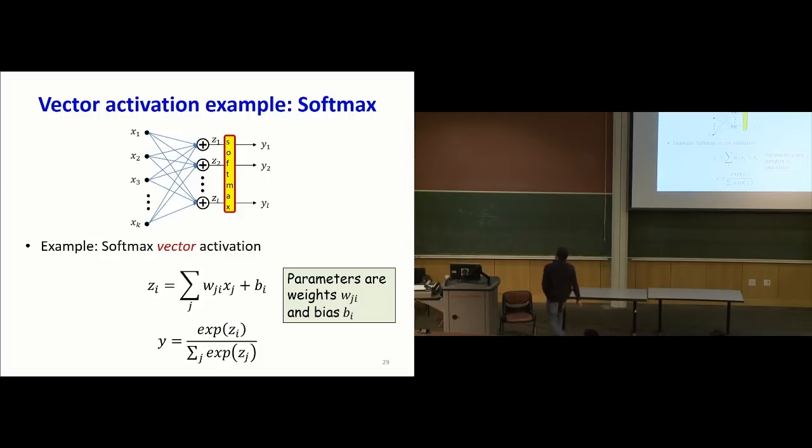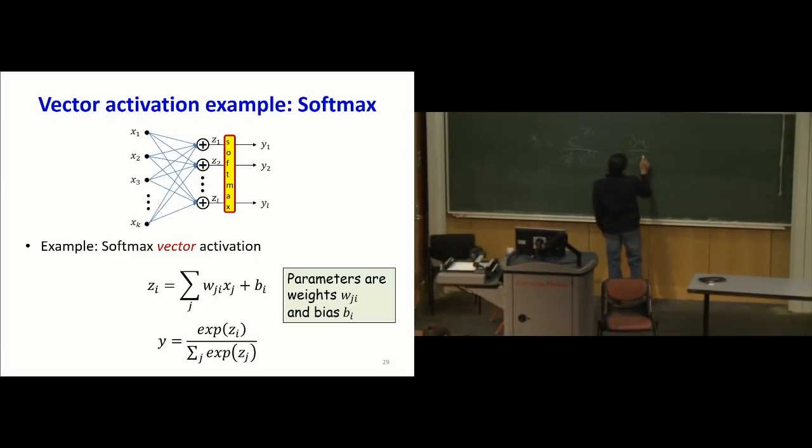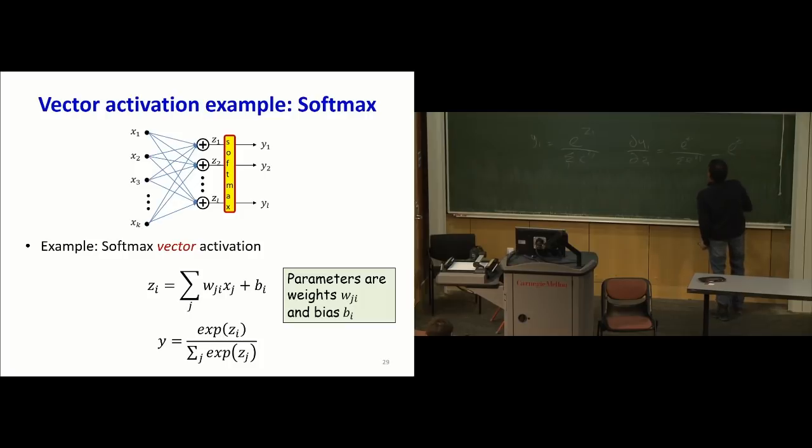So here's what you will find: if I compute the partial derivative of yi with respect to zi, that's simply going to be e raised to zi over summation of e raised to zj, minus e raised to zi times e raised to zi over summation over j of e raised to zj, squared, which is yi minus yi squared, which is yi times 1 minus yi.